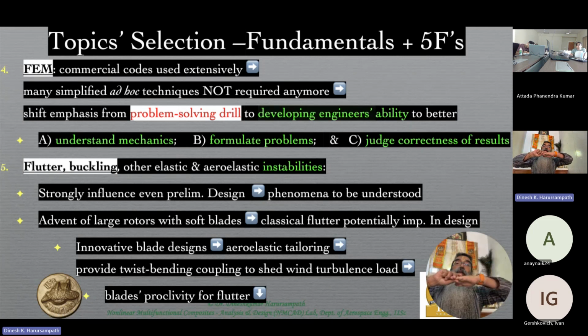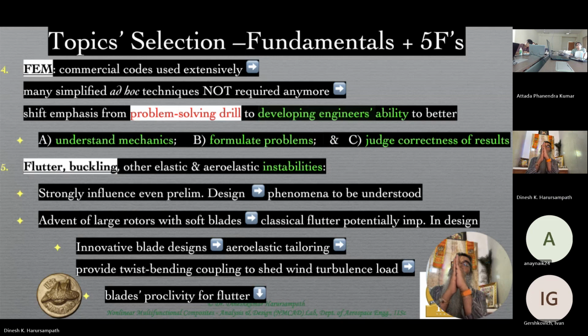So in other words, let's say the turbulent wind is there and it's making the blade bend a lot. Now, what you're going to do is make this in such a way, either through the geometry and or through the materials that you're going to use, the composite laminate, that whenever it bends, it also twists.